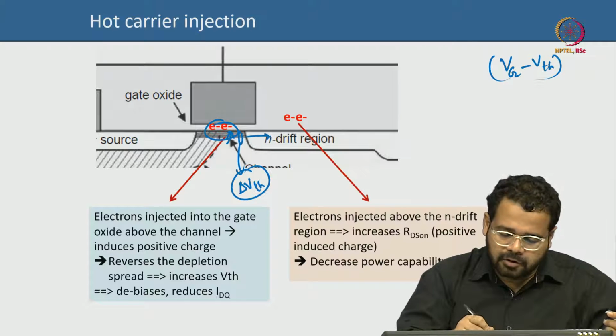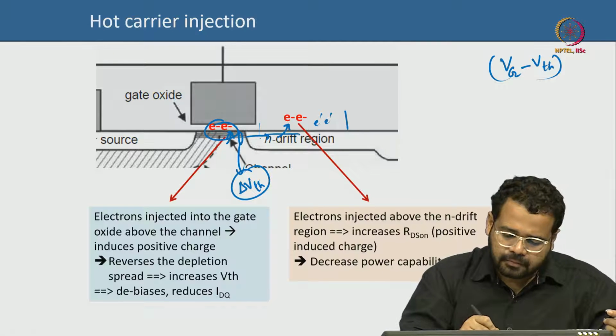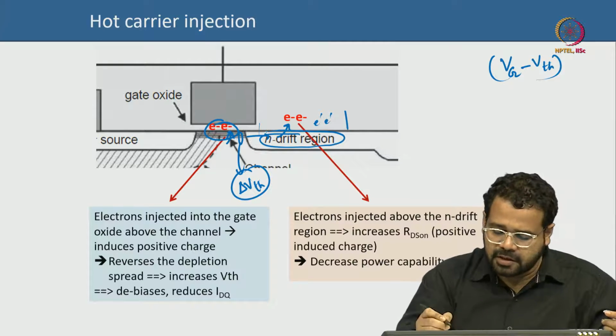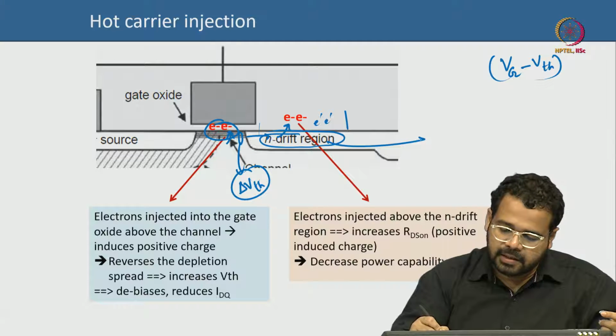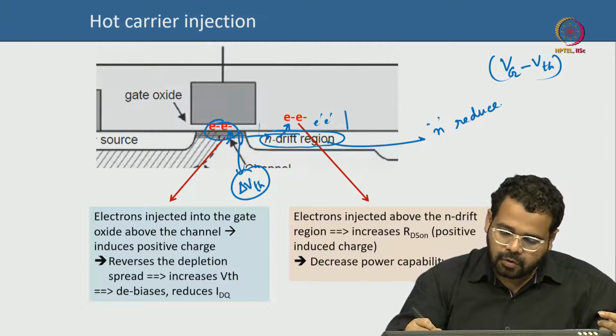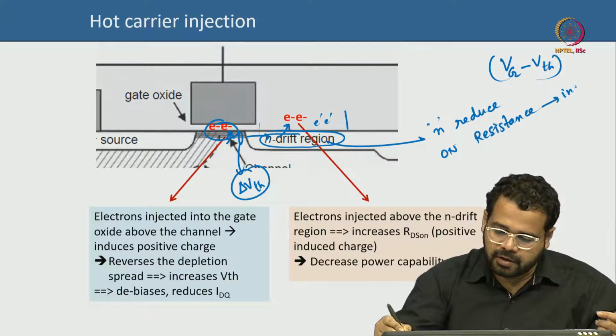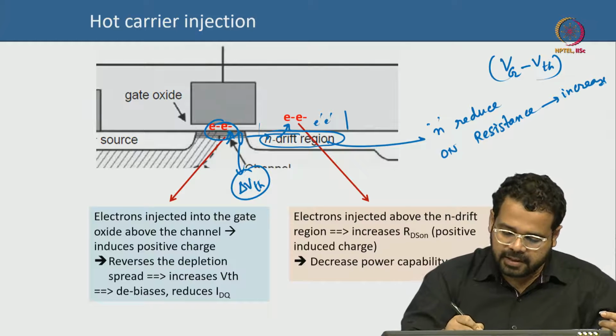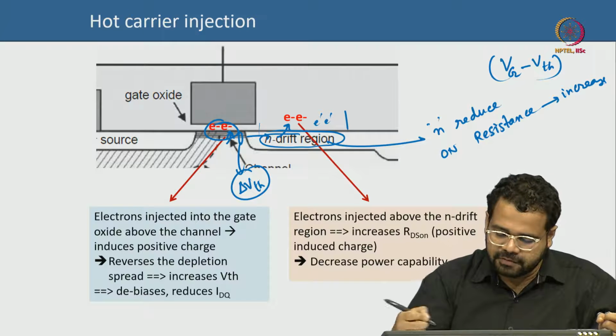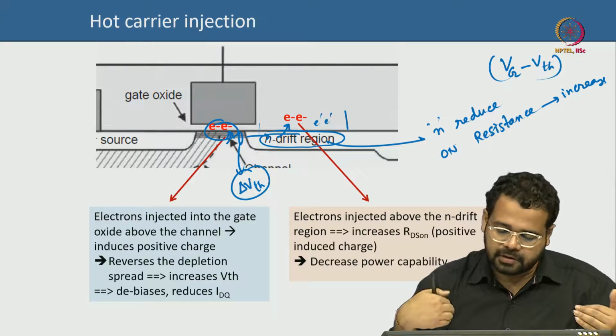If the electrons happen to be injected in the oxide above the drift region, then what happens is that because electrons are injected here, you will have equivalent positive charge in the drift region, which means the total electron concentration in the drift region will reduce, and that means your on resistance arising out of the drift region will increase, okay. It will increase because electrons have gone into the oxide, creating an equivalent positive charge in the drift region, which means the overall electron charge is reduced.